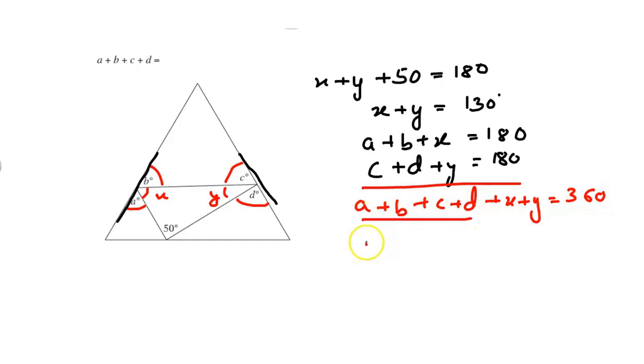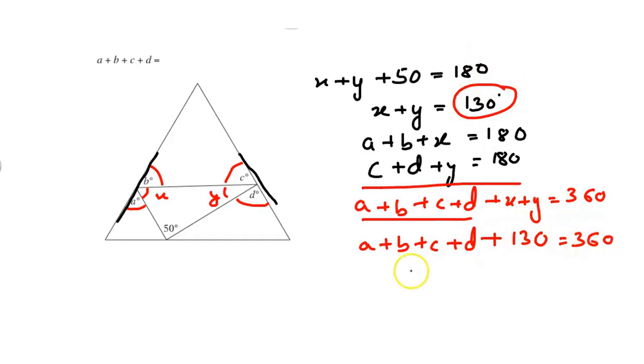Now this X plus Y is already equal to 130 degrees. So plus 130 equals 360. So we know A plus B plus C plus D equals 360 minus 130, that is equal to 230 degrees. This will be the answer.